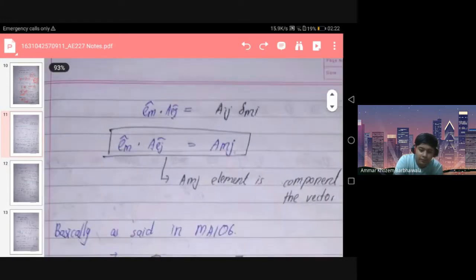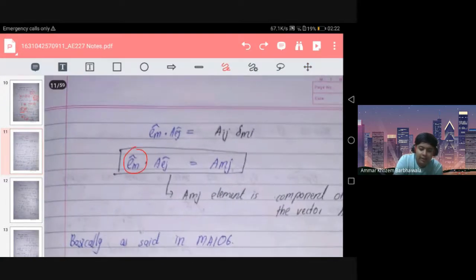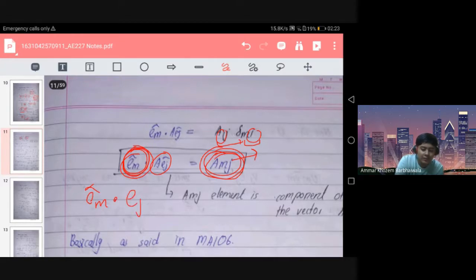So em dot a ej is basically amj. I have this delta mi, so I can write i equals m, so I can replace i with m, and this is amj. So the component amj of this tensor is equivalent to dotting the em vector of the original basis with the ej dash vector of the new basis. ej dash is the ej vector after being transformed by the linear operator.